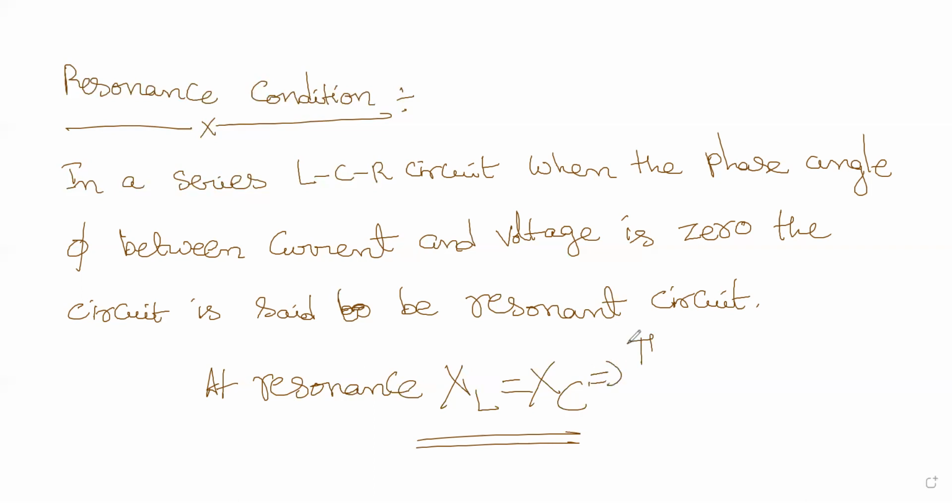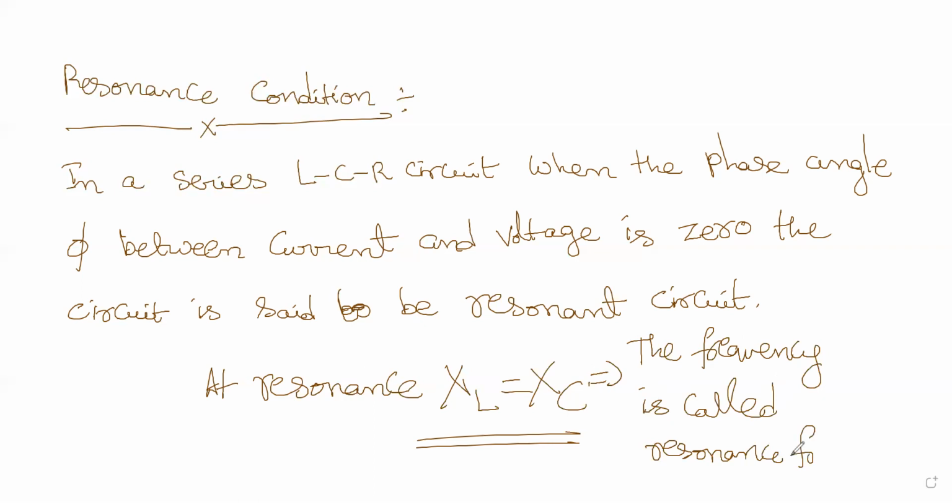Here the frequency is called resonance frequency. What is that resonance frequency? The frequency at which XL becomes XC. That is called resonance frequency.